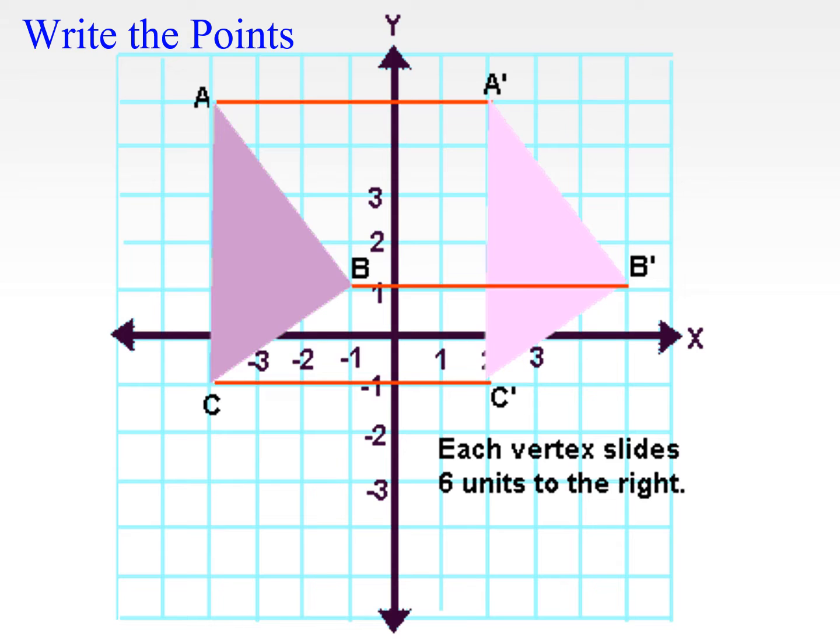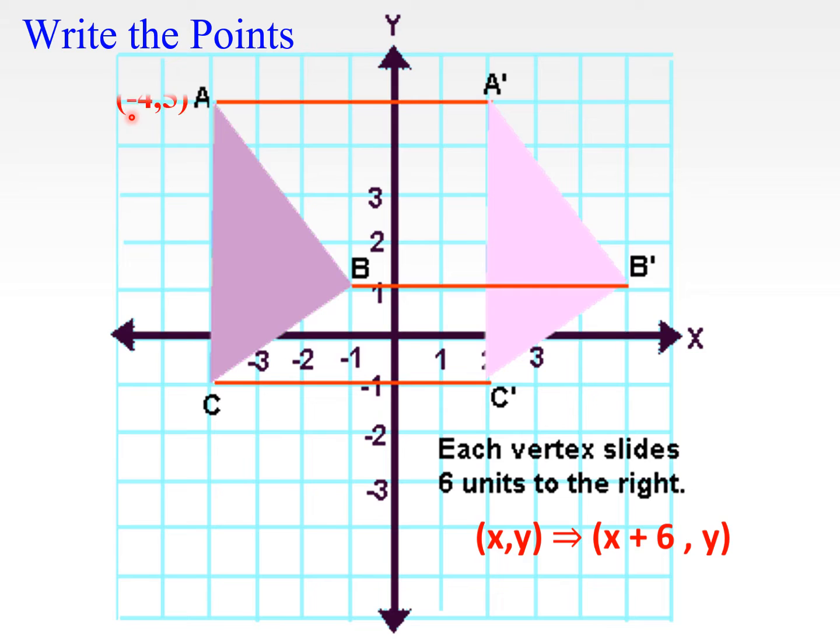We have the original image or original object, the triangle ABC, and our image or the translated one, triangle A prime, B prime, and C prime. So in here, each vertex slides 6 units to the right, meaning if you have your x and y coordinates, it would be equal to x plus 6. You will be adding 6 to your x coordinates and copy your y coordinate.